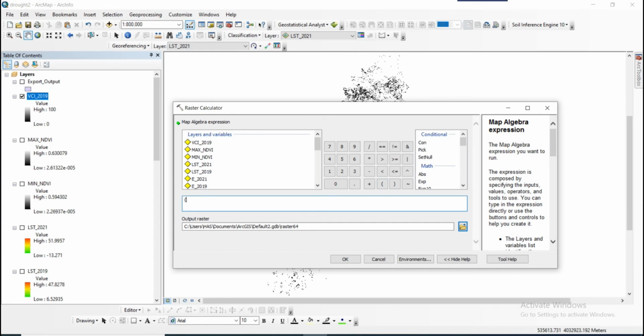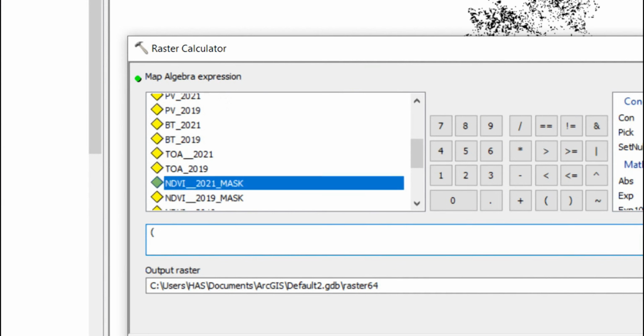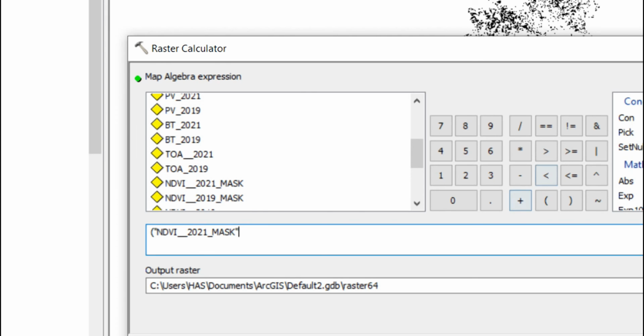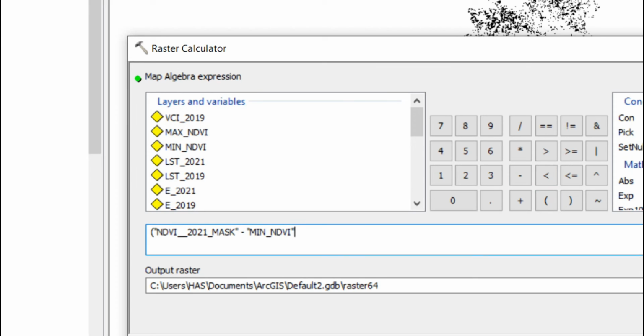So we have NDVI for 2021 minus minimum divided by maximum minus minimum. So we will use the same layer, maximum and minimum, for as many years as we have.